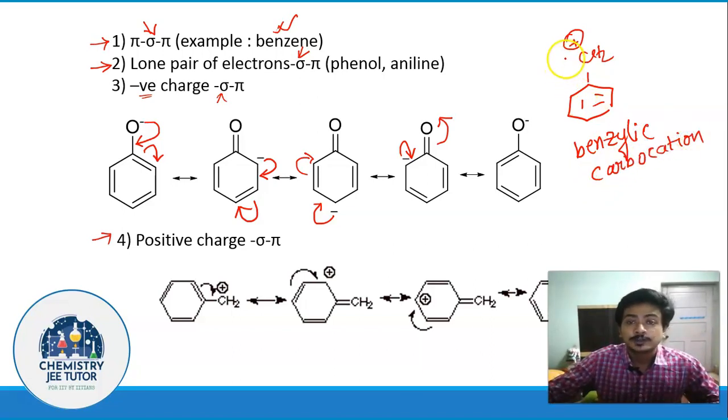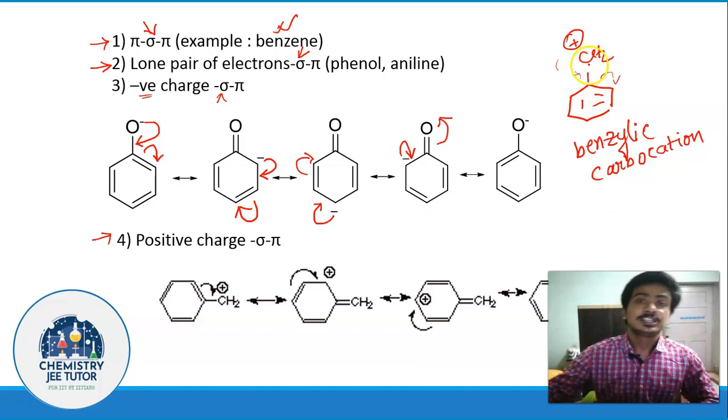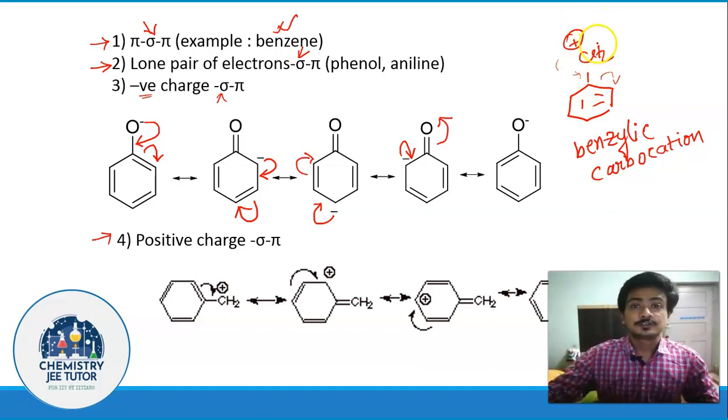Now if you try to do this top to middle and middle to top, you understand you can only delocalize pi electrons, delocalize negative charges or delocalize electrons. This is a positive charge. Positive charge means there is a dearth of electrons. This carbon is actually facing a dearth of electrons. It doesn't have extra electrons to take part in migration.